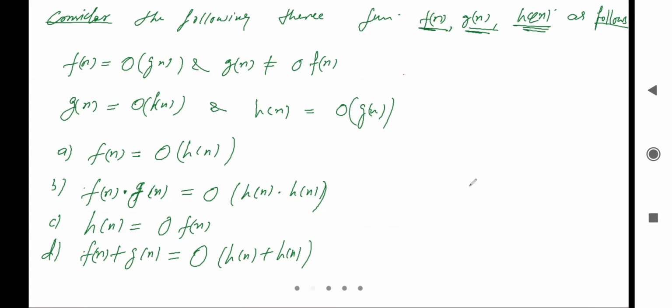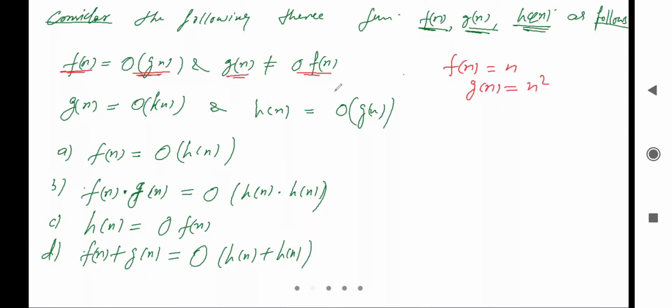Okay, let me simplify this one. What will happen in this case? Here f of n equals order of g of n, and g of n is not equal to order of f of n. So by observing this, g of n is greater, it cannot be equal. So g of n is greater than f of n. Assume that f of n equals n, then g of n equals n square.